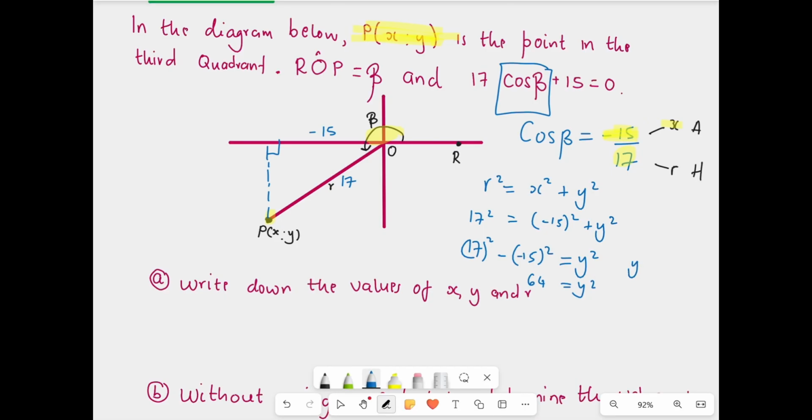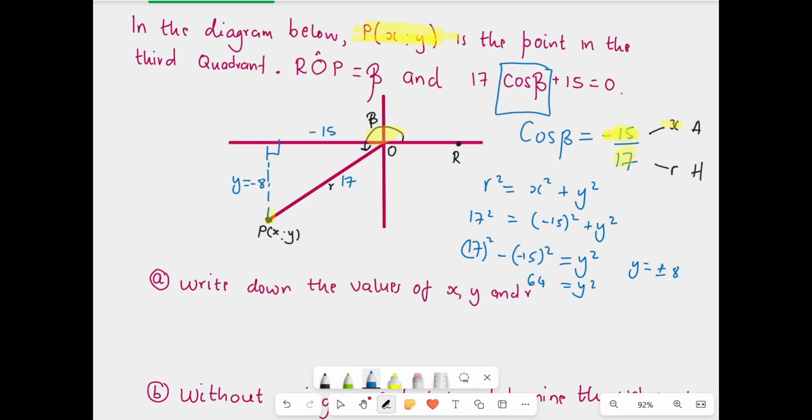So y is equal to plus or minus 8. But now, because we are in the third quadrant, y is negative, so our y here is not positive 8, but y is equal to negative 8. So now let's answer the questions. We have our x, we have our y, we have our r.